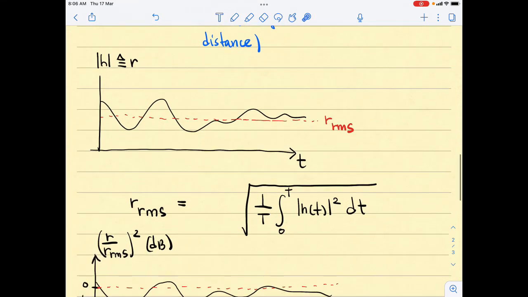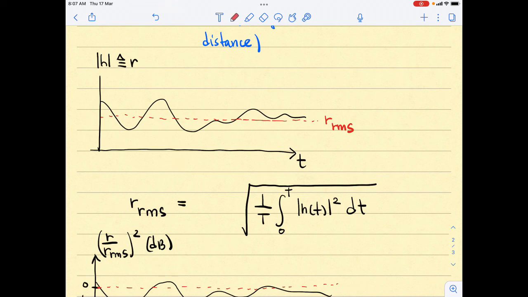So how do we find the root mean square average? You take the magnitude of the channel gain, raise it to power 2, and then you sum it up, or you integrate over the variable t, which is the time, over the period from 0 to big T, then divide by the time, 1 over T, and then take the square root.